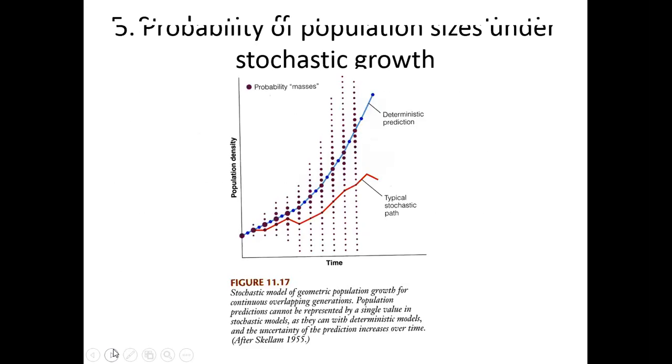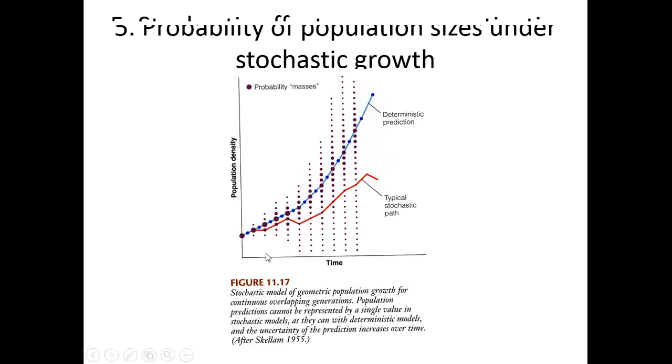Okay, well, let's compare a deterministic model that comes right out of the life table, where the values are fixed, to a model where we're using a computer to roll the dice on which value for survival and reproduction we get. Well, the blue line is our exponential increase.